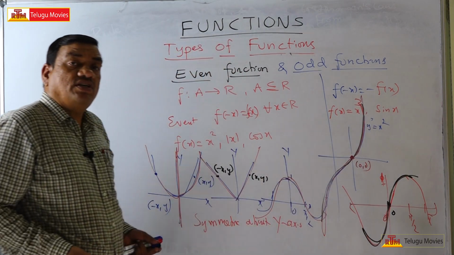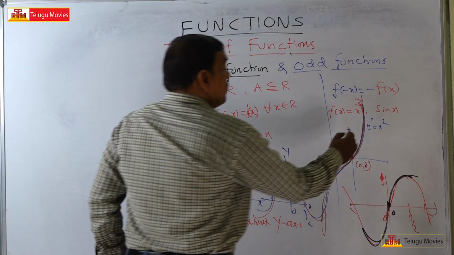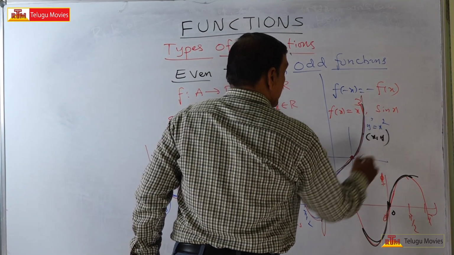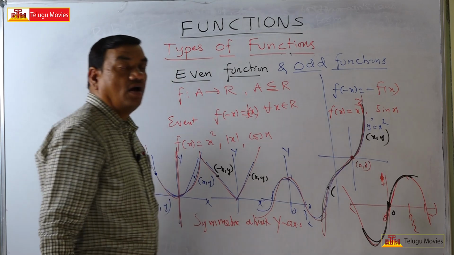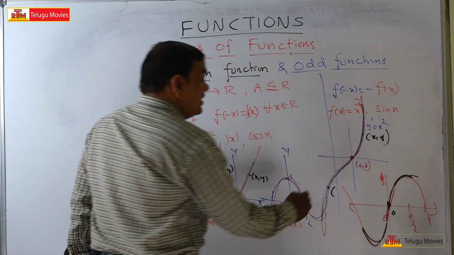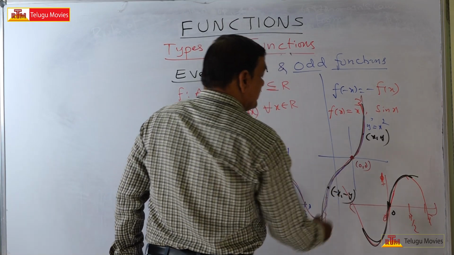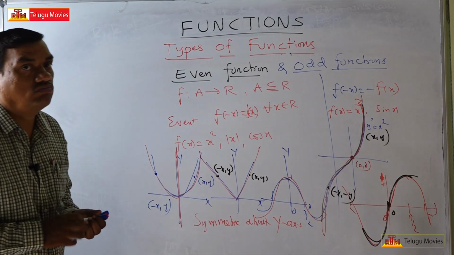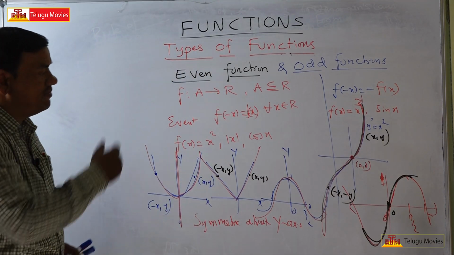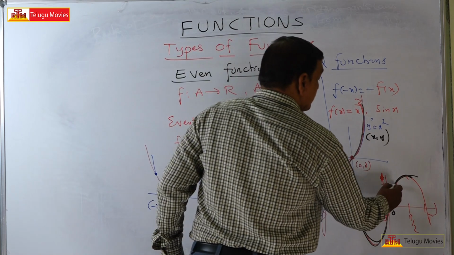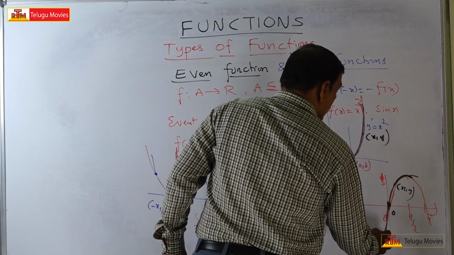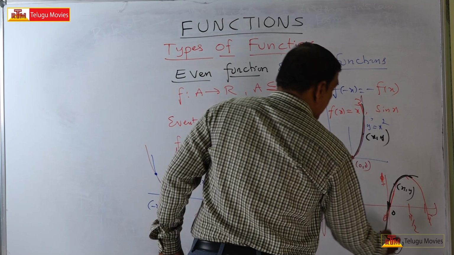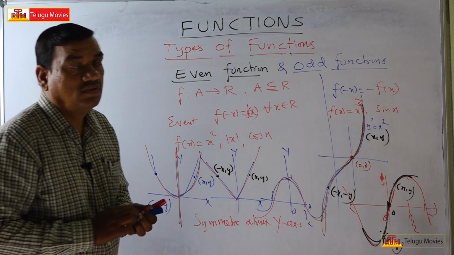Now from this we can say that if x comma y is a point on a curve, then automatically minus x comma minus y is also a point on the curve. Same here also, if x comma y, the same point minus x comma minus y also lies on the same curve.